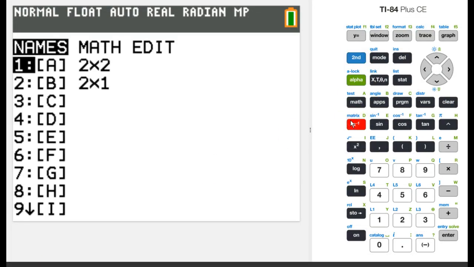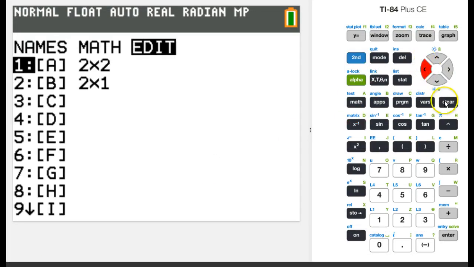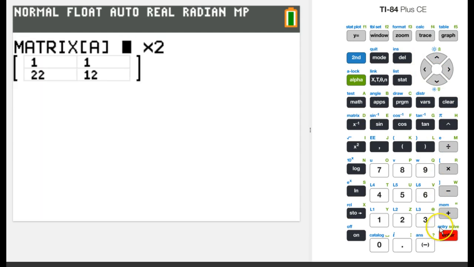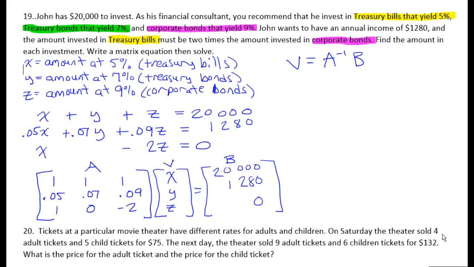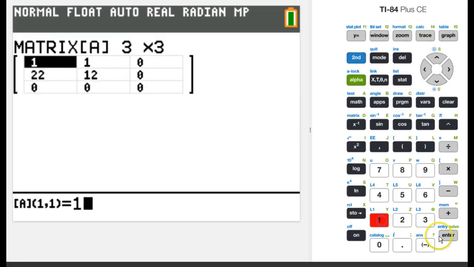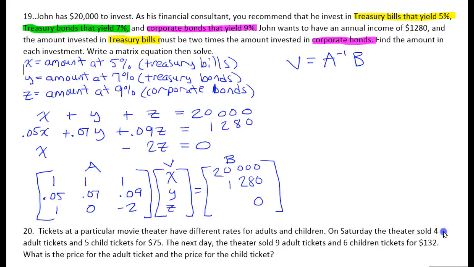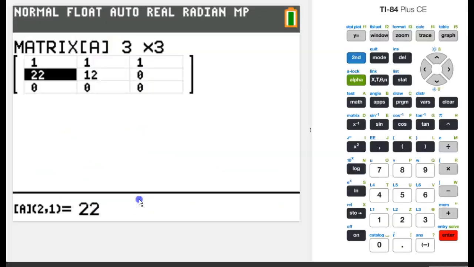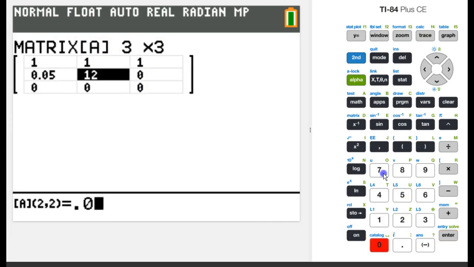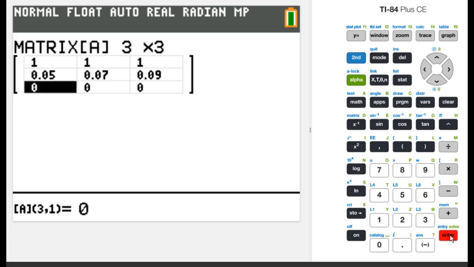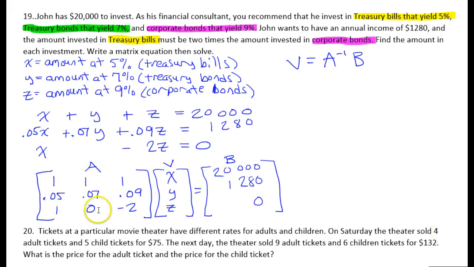So second matrix, let's go edit matrix A. This is a 3 by 3 matrix, and it's 1, 1, 1. And then 0.05, 0.07, 0.09. One, 0, -2.